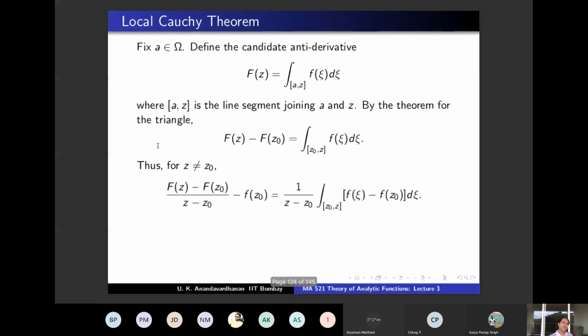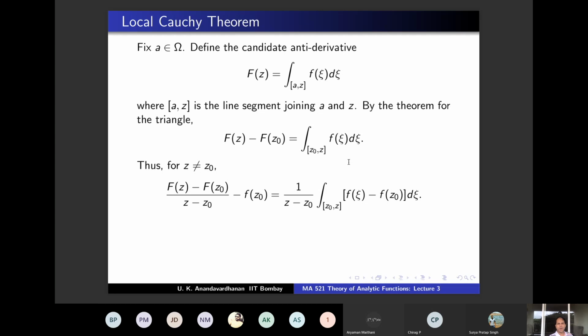So for z not equal to z naught, you can take the quotient (F(z) minus F(z naught)) by (z minus z naught) minus f(z naught). This limit is what you are interested in, in order to find the derivative. This is 1 by (z minus z naught) times the integral of (f(psi) minus f(z naught)) d psi, and f is continuous throughout. Therefore, if mod z minus z naught is less than delta, then mod psi minus z naught is also less than delta, and mod f(psi) minus f(z naught) will be less than epsilon by the continuity of f.